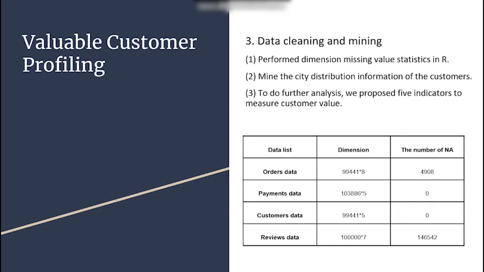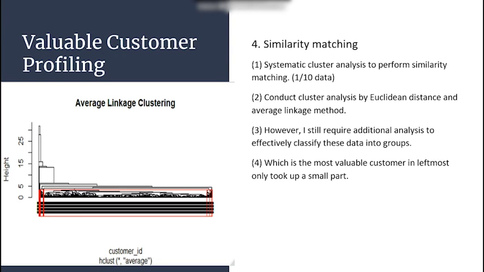To do further analysis, we propose 5 indicators to measure customer value, which are customer purchase frequency, average customer purchase, customer score, customer payment staging, and response time, respectively. In terms of similarity matching, we use systematic cluster analysis to perform similarity matching to balance the influence of the absolute value of the price.